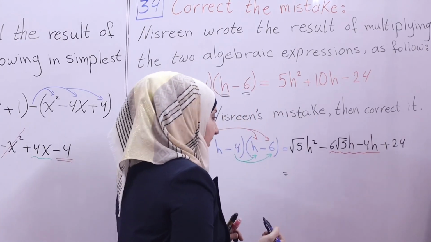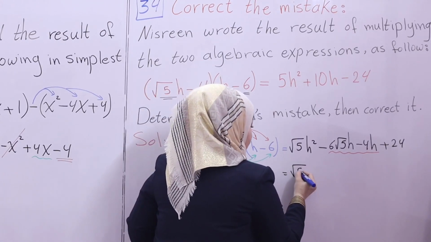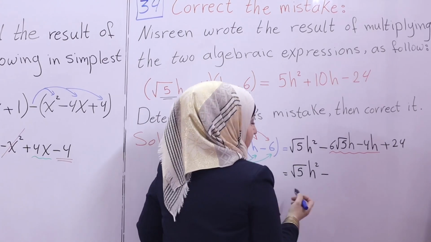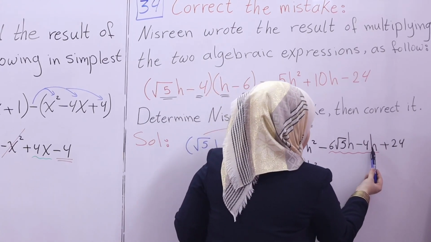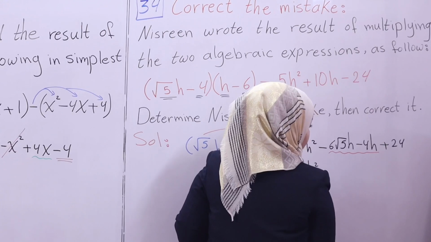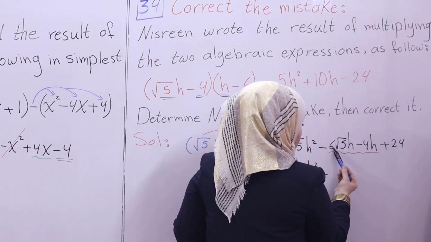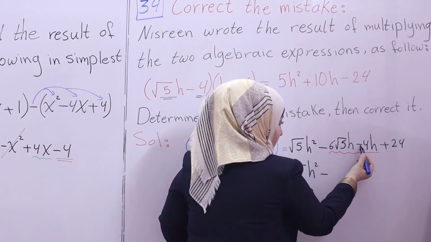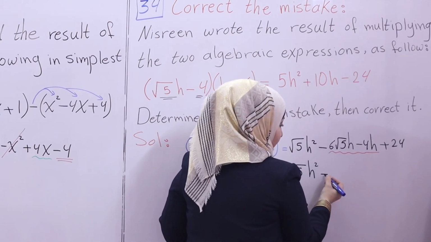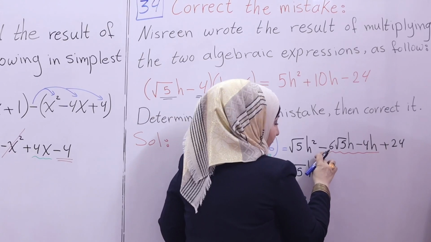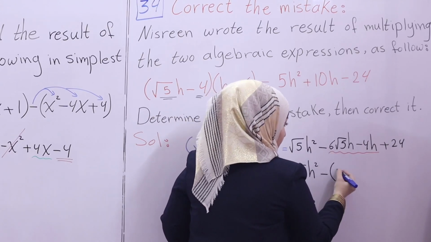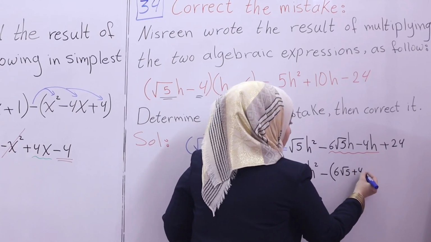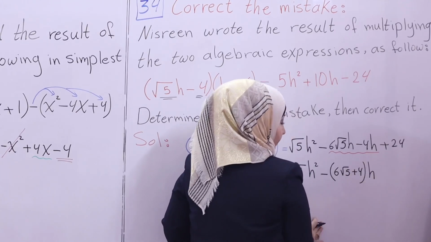How can we simplify them? We will see square root of 5h squared minus. We will take h as common factor and we will add the two coefficients. So we take the sign of negative as common factor and it will be 6 square root of 5 plus 4h.